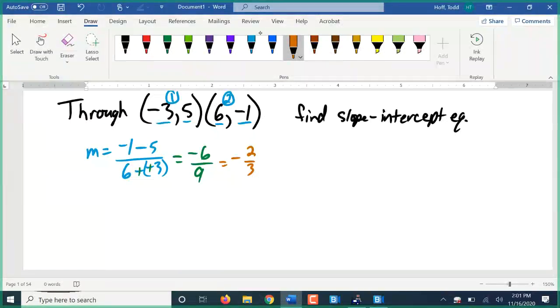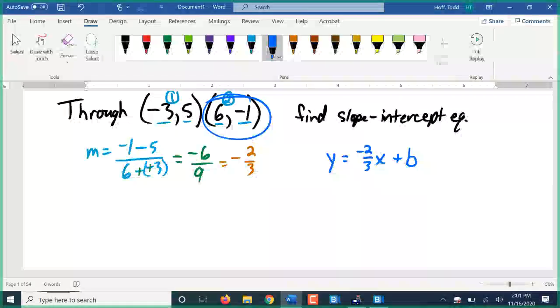So I start out my equation, y equals slope times x, so y equals -2/3 x plus my y-intercept, b. Now, it does not matter which point we use to try to find the y-intercept. Let's just use the 6,-1. So I put -1 in for y, and for x, I put in 6.